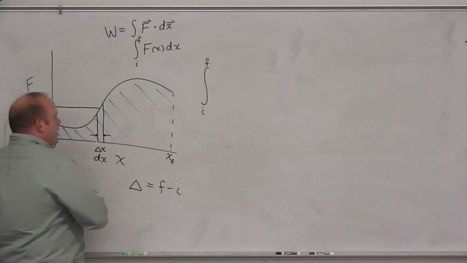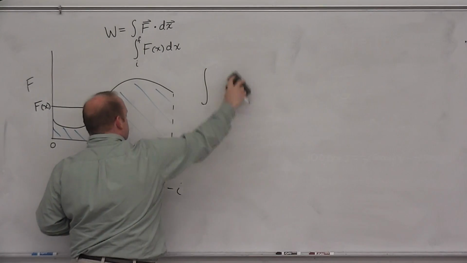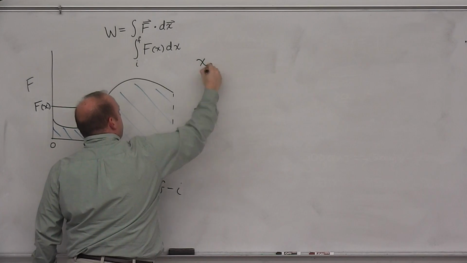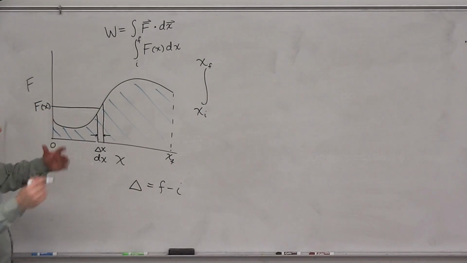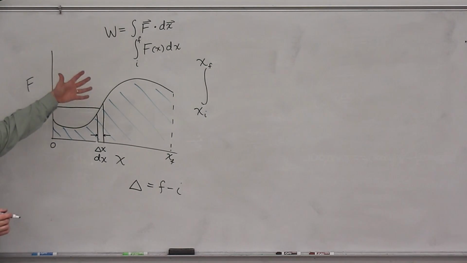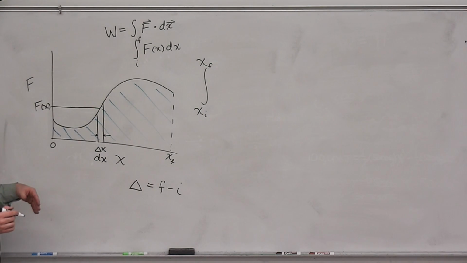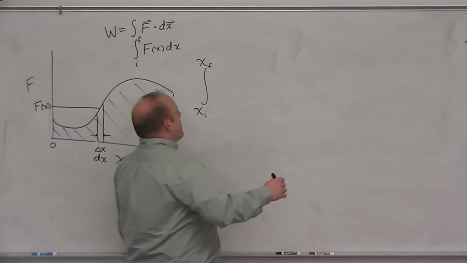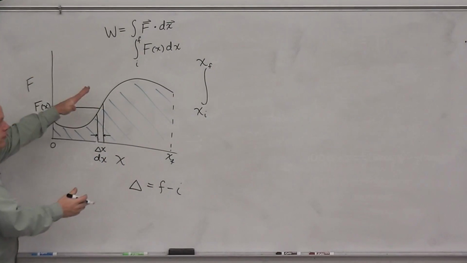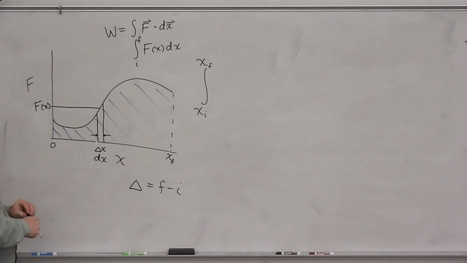So specifically, we're going to take the value at x final, minus whatever the value of F is at x initial. So that's how we are going to use integrals when we're dealing with work.